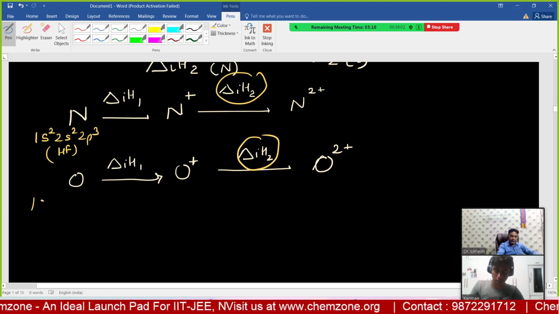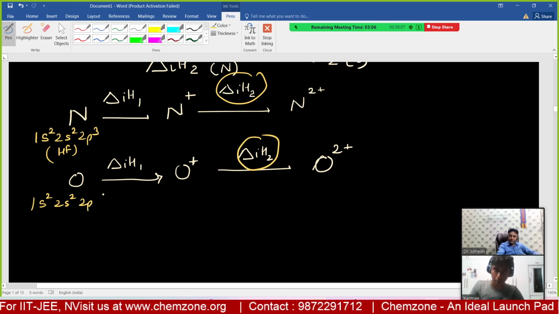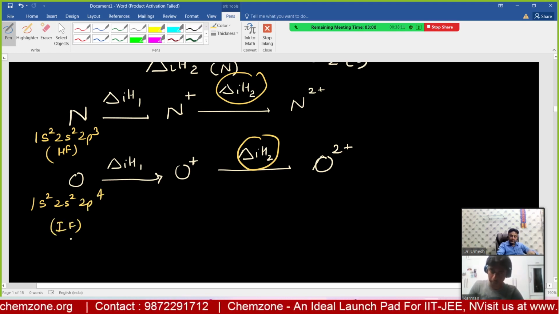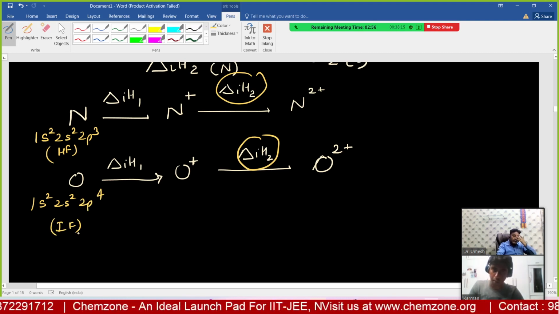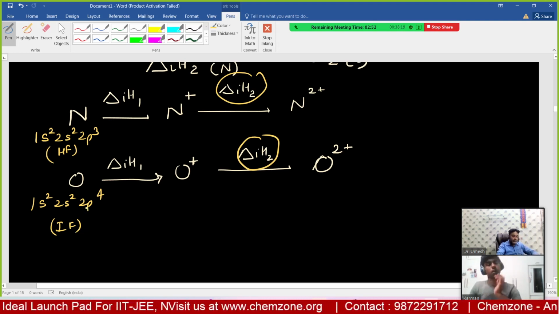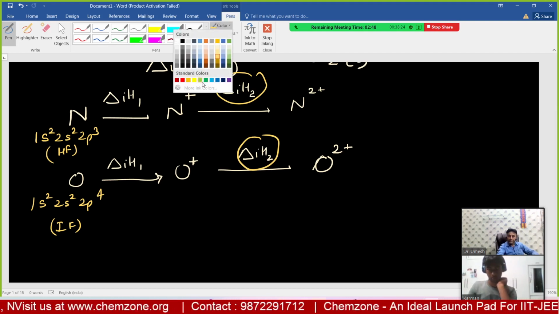And for oxygen, it is 1s2, 2s2, and 2p4. It is incompletely filled, right? So out of these two, which is more stable? Nitrogen is more stable, right?